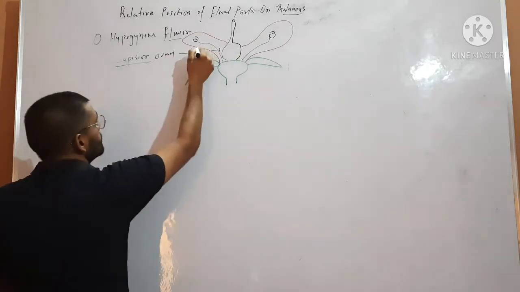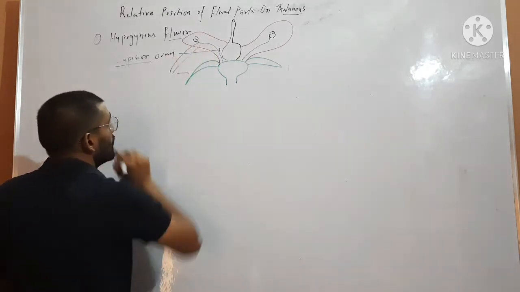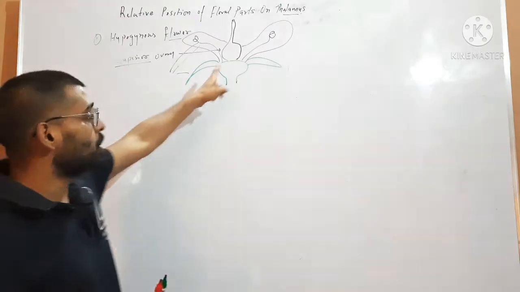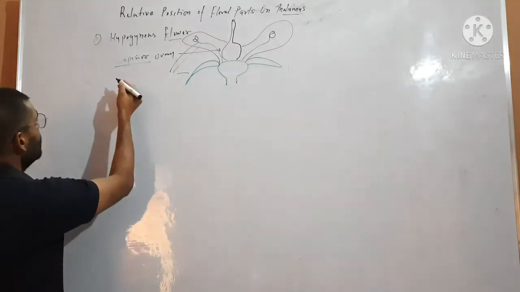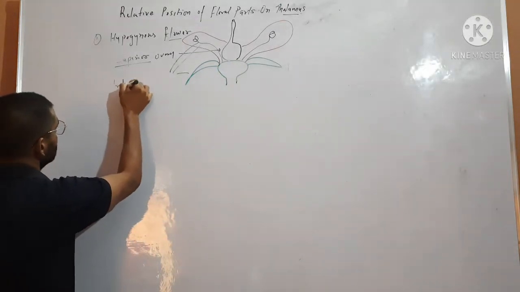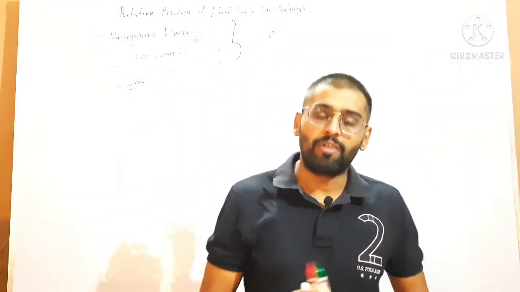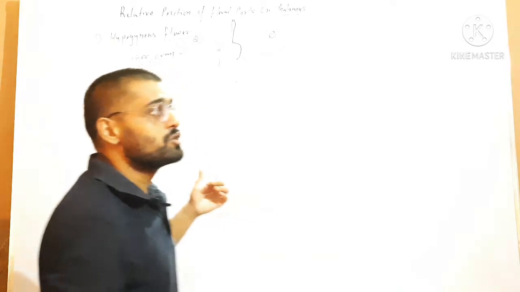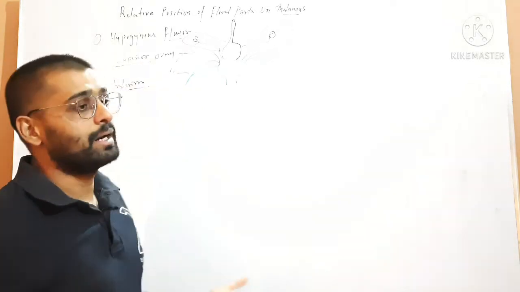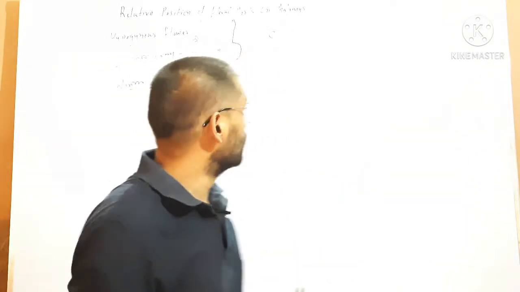Other parts are present below the ovary, so these parts will be called inferior. So hypogynous flowers are the flowers in which the ovary is superior and other parts are inserted below the ovary.